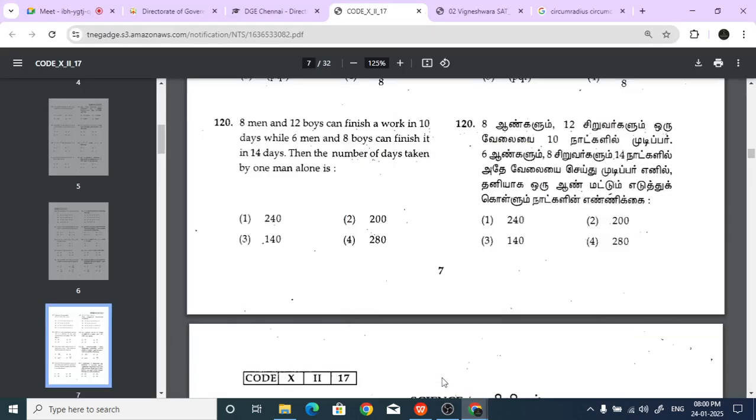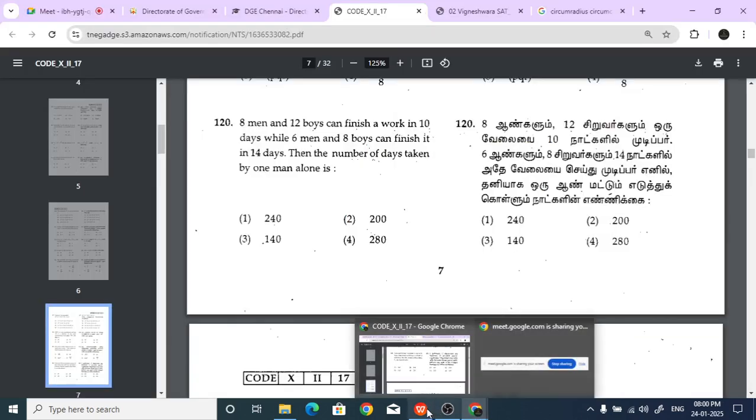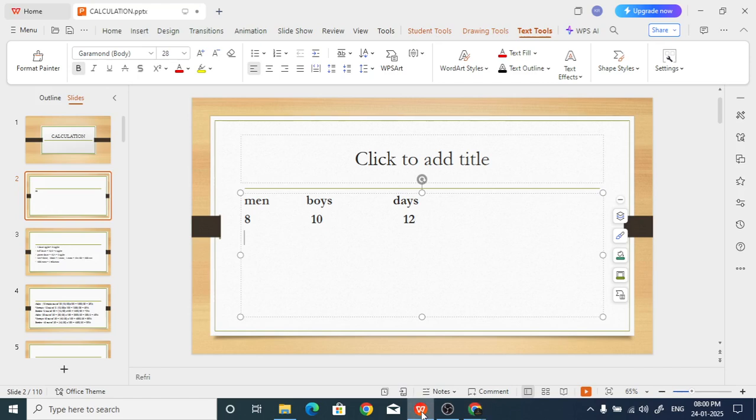Then 6 men, 8 boys, 14 days. Okay, now what are they asking? The number of days taken by one man alone.